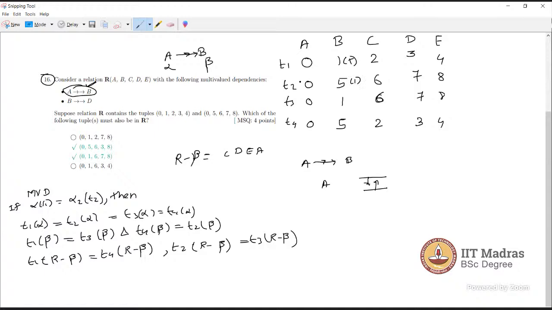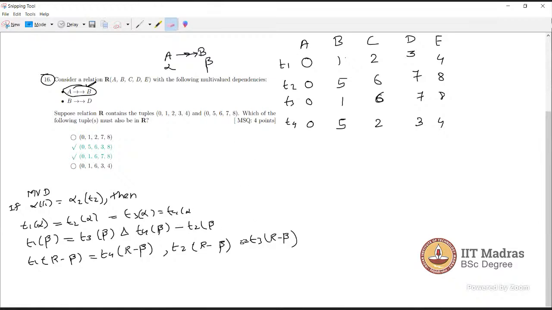Are you getting the same table as before? 0, 5, 2, 3, 4 was there, and 0, 1, 6, 7, 8 is also there. So this is one way to check the MVD. This condition is satisfied, A multi-determines B. Then how to check the second MVD?